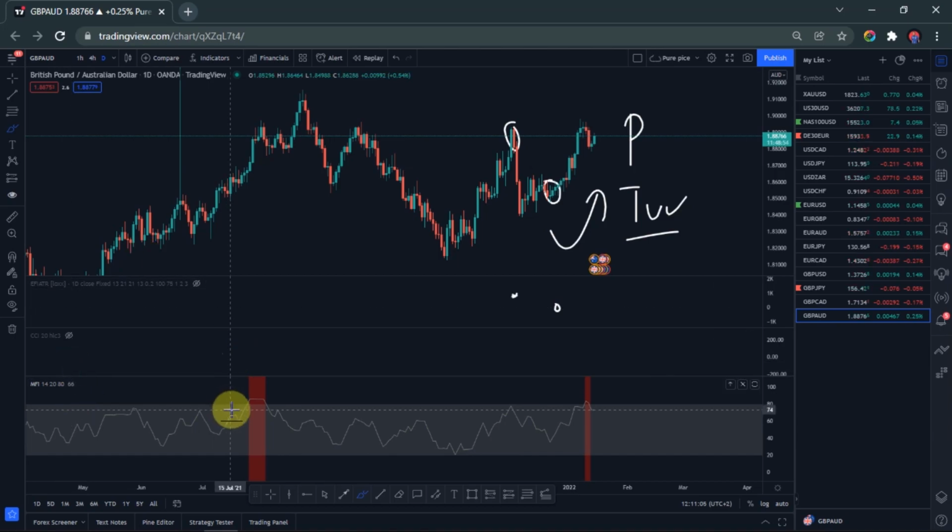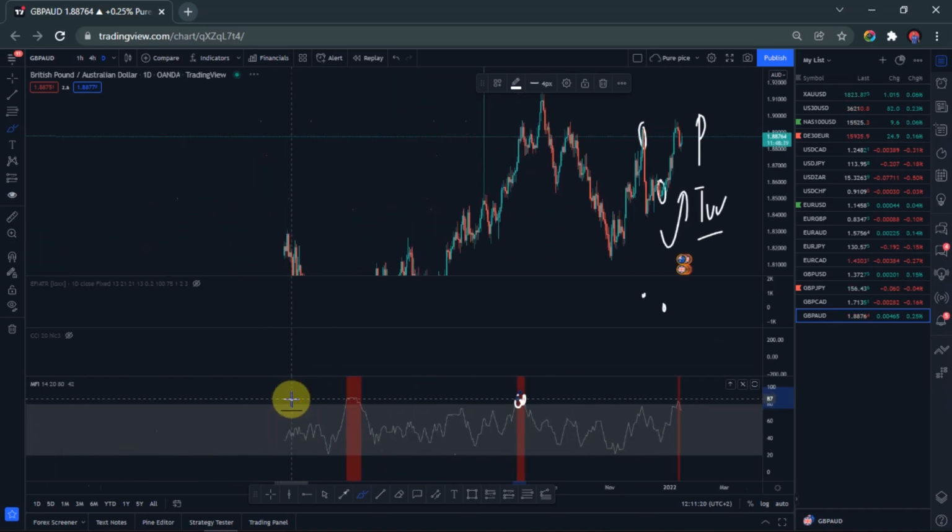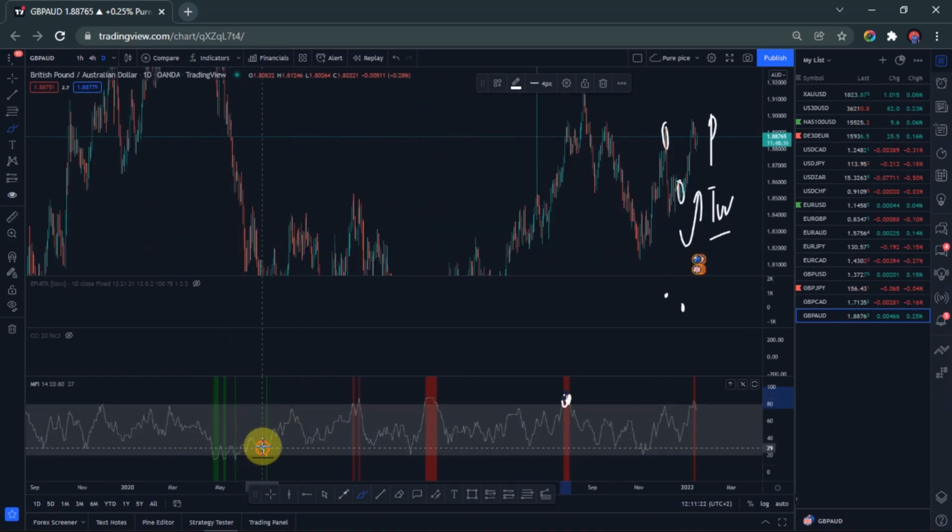So it gives you a better picture of how price is either overbought or oversold. I always make sure that if the MFI is above the 80 level here, it indicates some kind of upcoming short move or seller's momentum coming in. Same thing applies for buyers' power. Yeah, so here it was indicating buyers' momentum.